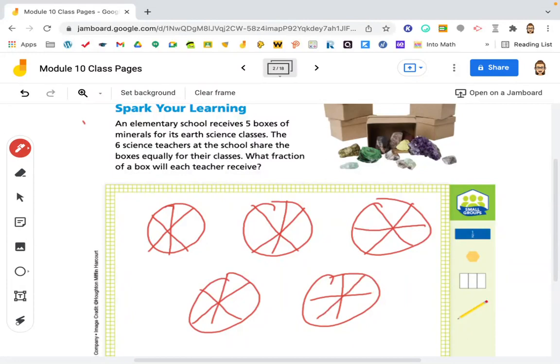And each teacher is going to get each part of that box. So I'm going to shade in.